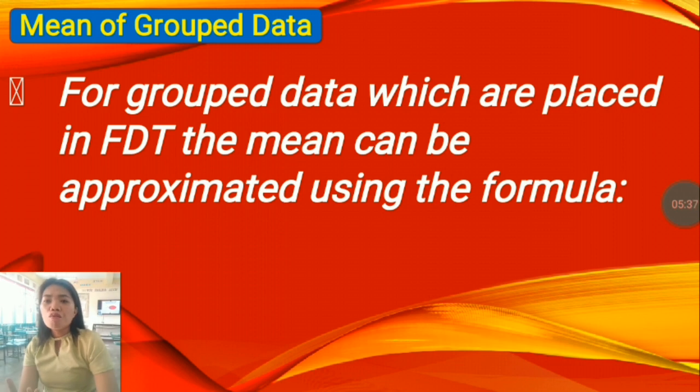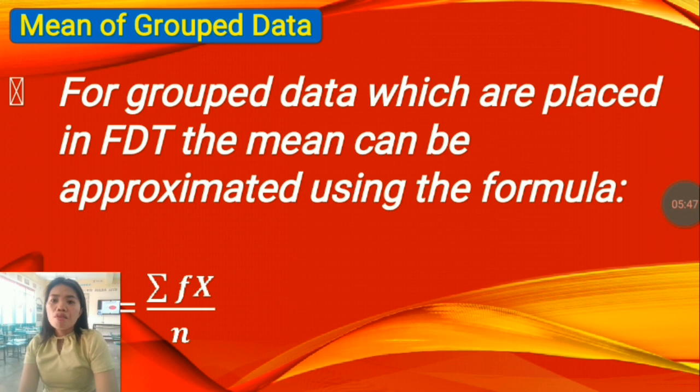For grouped data which are placed in an FDT, or frequency distribution table, the mean can be approximated using the formula: mean is equal to the summation of fx over n.